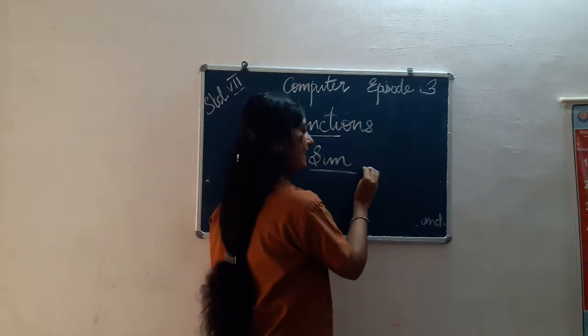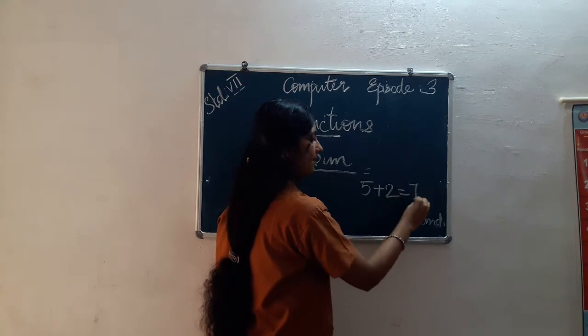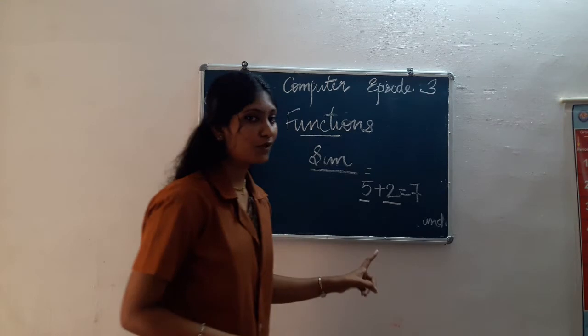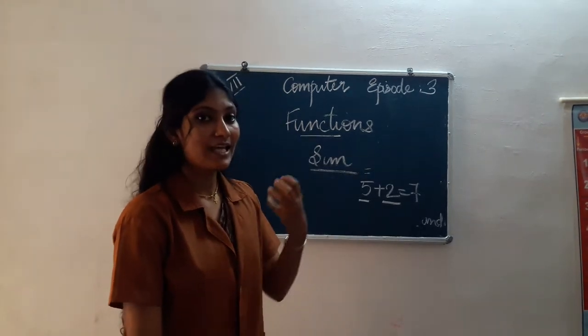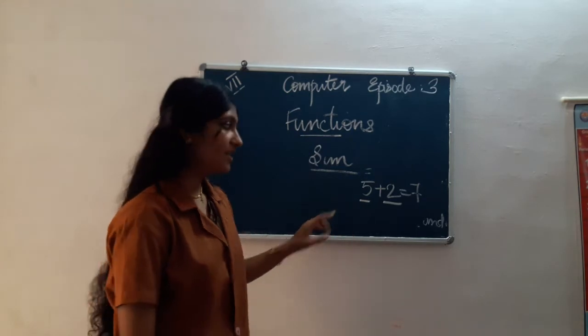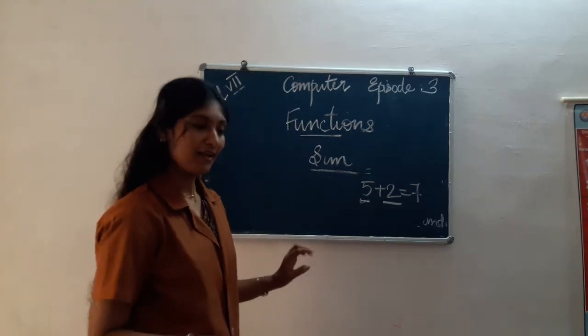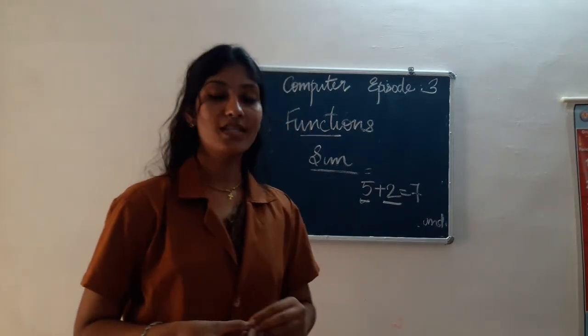So sum means adding numbers. For example, 5 plus 2 is equal to 7. Here 5 and 2 are the input values. We already know in the definition that it accepts values as input, right? So 5 and 2 are the input. Then it will give a result in the cell in which they have been typed.